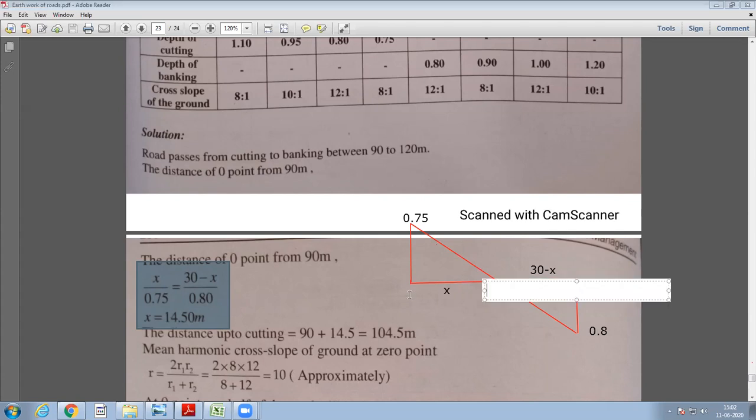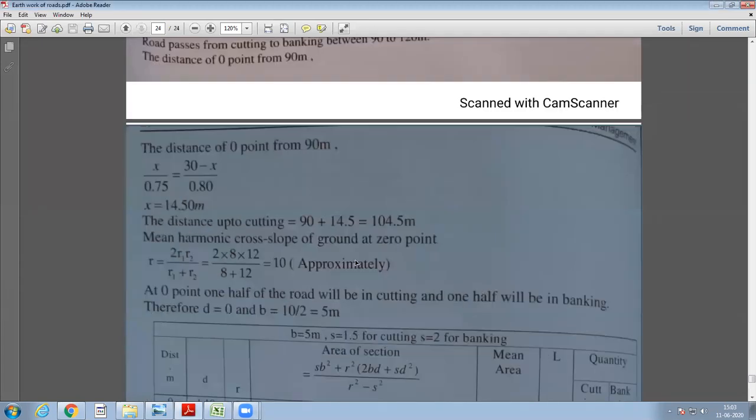That is, here the distance is 90 plus 14.5, that is at a distance of 104.5, there is a zero depth, no cutting and filling. At this point we have zero depth. This is how you need to work out. Okay, let us continue.